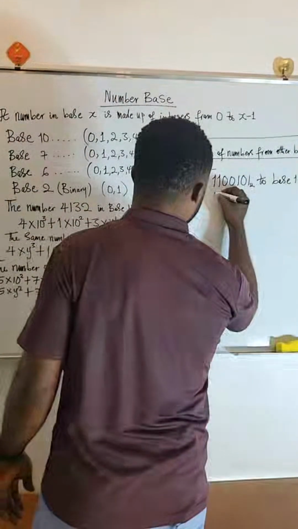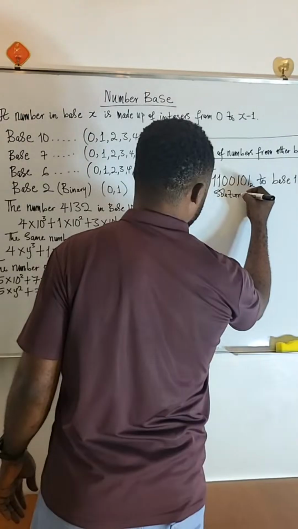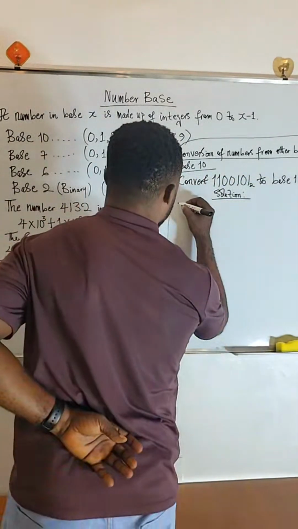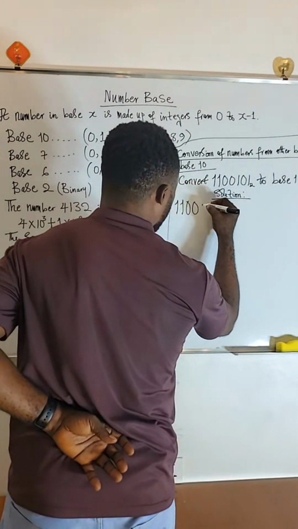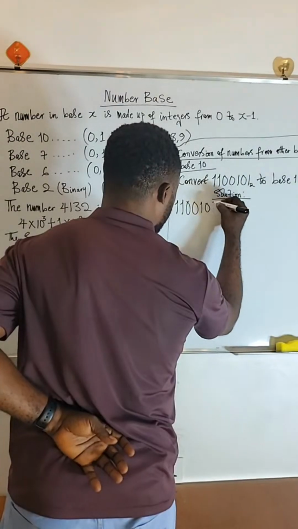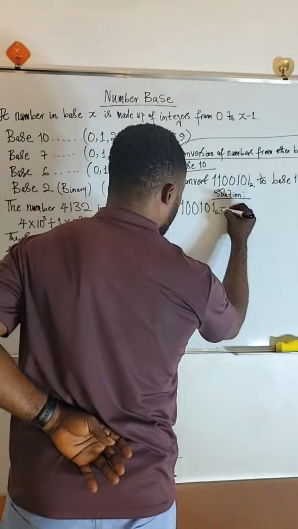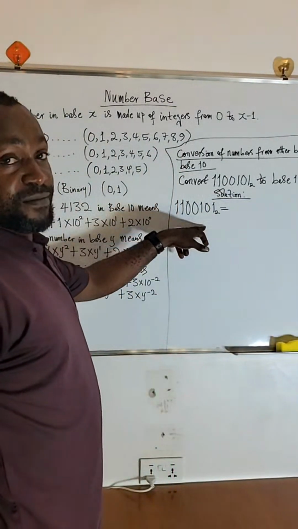Okay, let's have a solution. You have 1100101 in base 2 to be converted to what? To base 10.